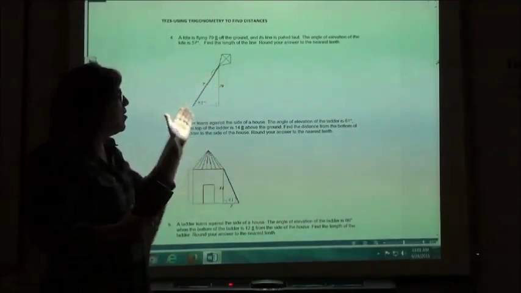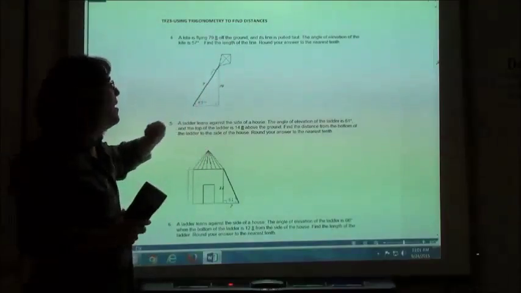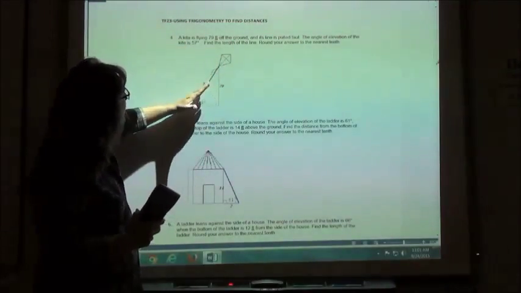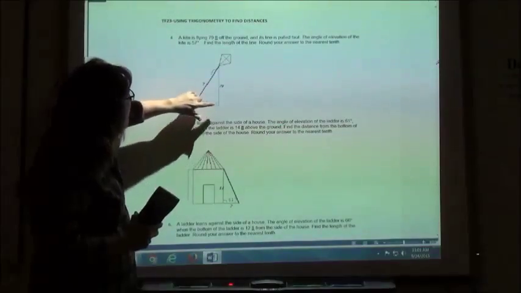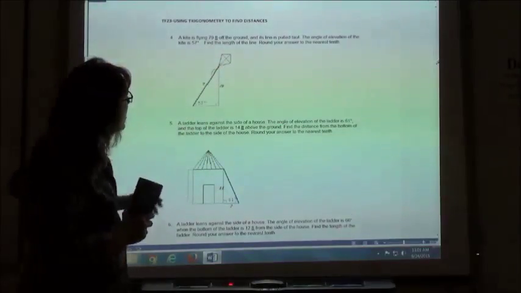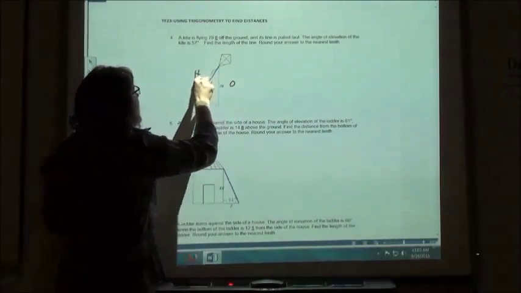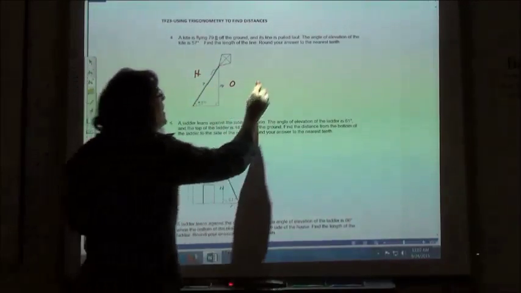So they were nice. They already drew the pictures out for you, that I have my kite flying up here, my angle of elevation is 57, and that it ends up being 79 feet off the ground. If I look here, I have my opposite and my hypotenuse, so I'm going to use the sine.